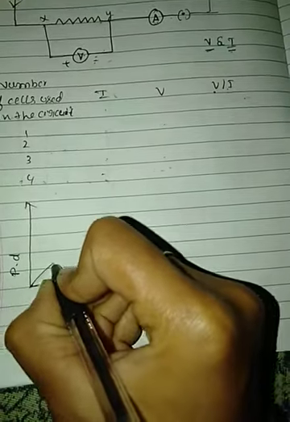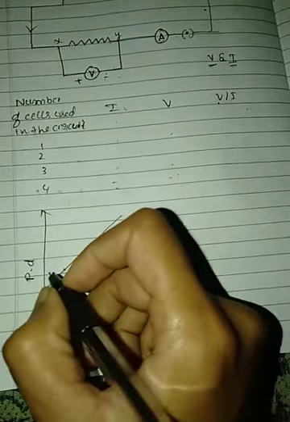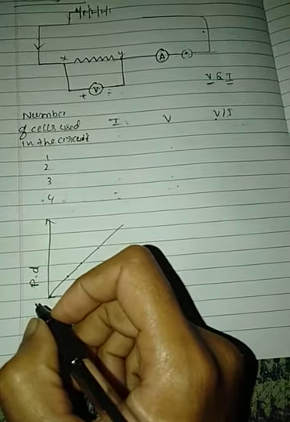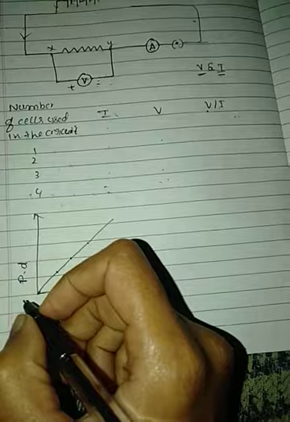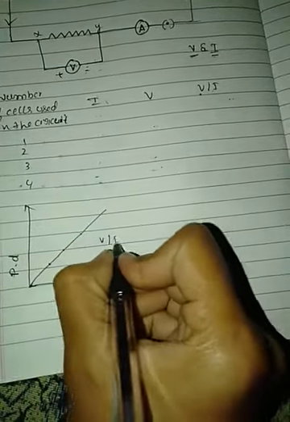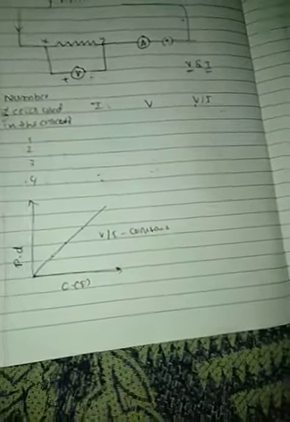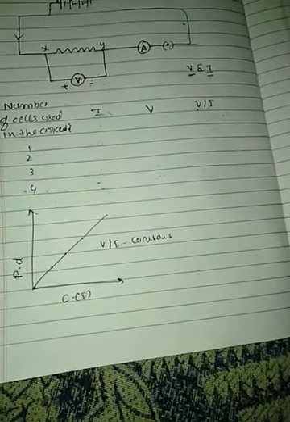So we get a straight line which passes through the origin of the graph. This straight line represents that V by I is constant.